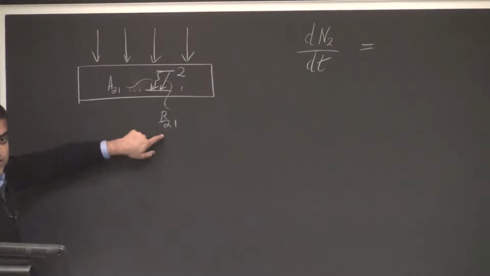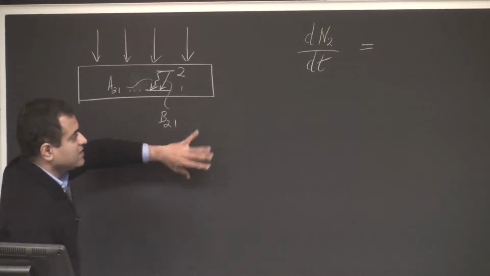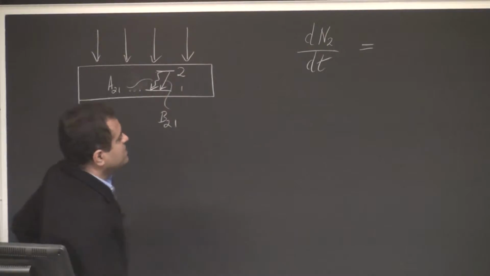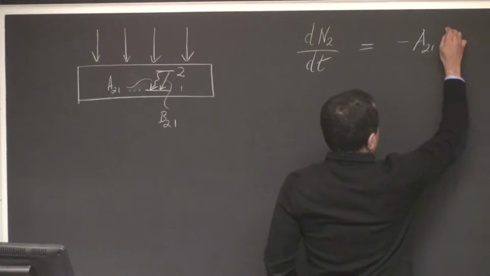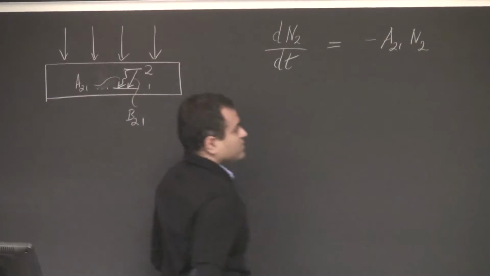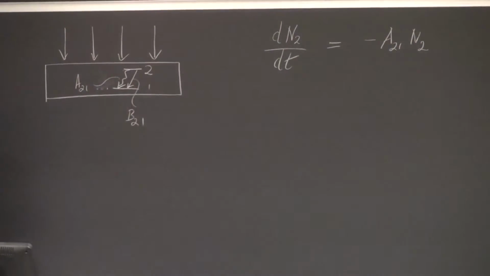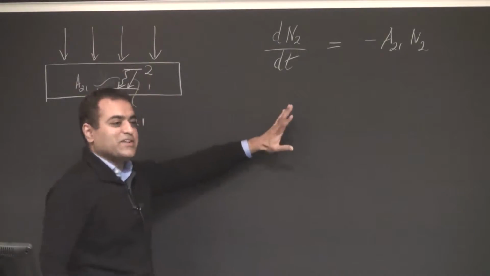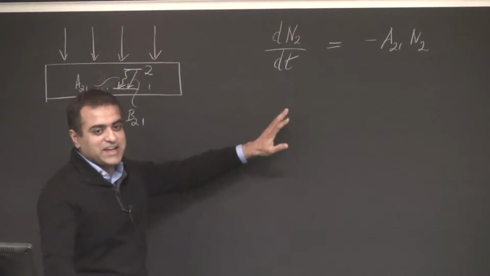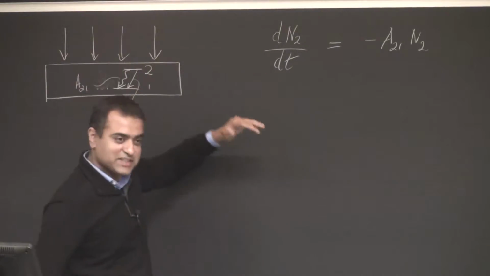The decrease because of the spontaneous is A21 times N2. That we know very well by now. And these are things we should really lock in the mind, meaning I shouldn't have to open the book to write this. I hope most of you get to this stage if you haven't already.